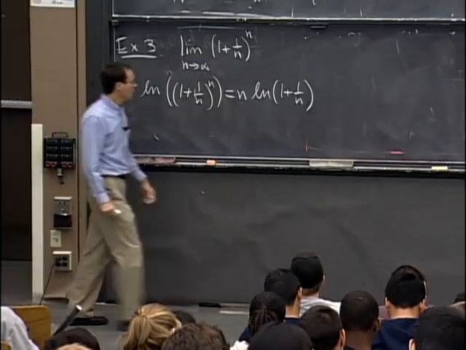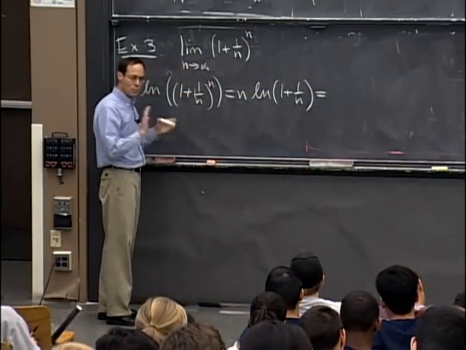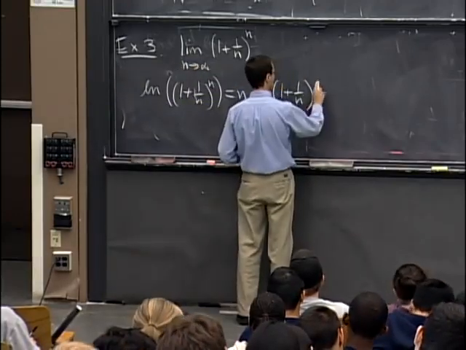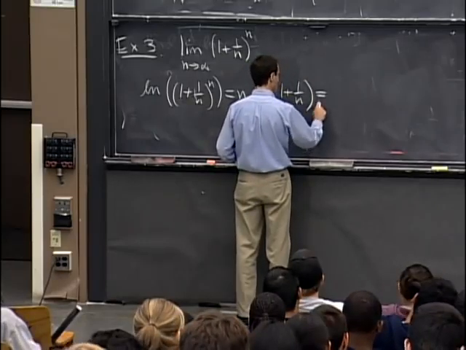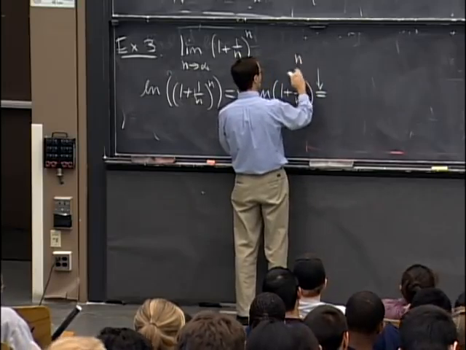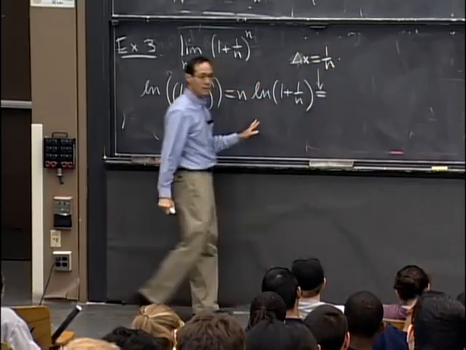And now I'm going to rewrite this in a form which will make it more recognizable. Let delta x equal 1 over n. All right?